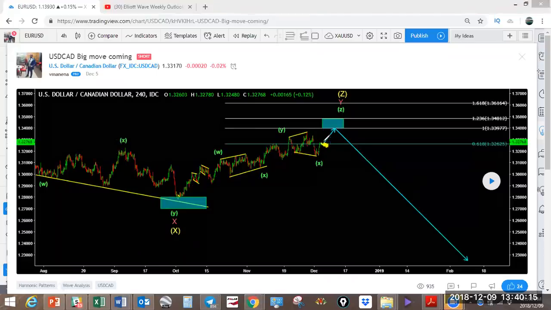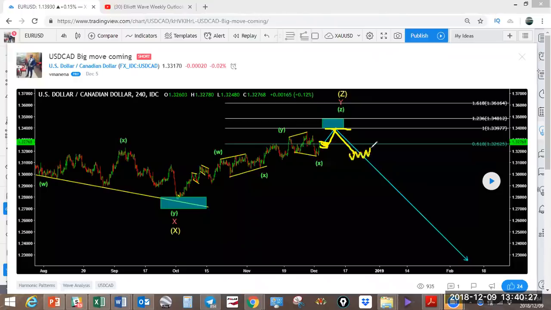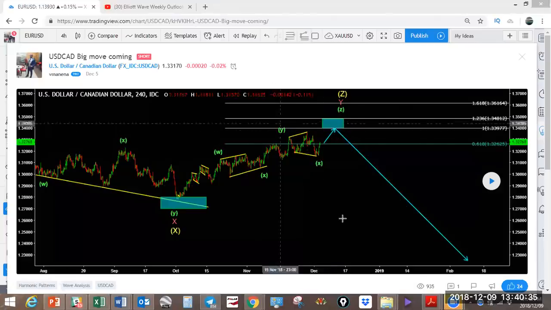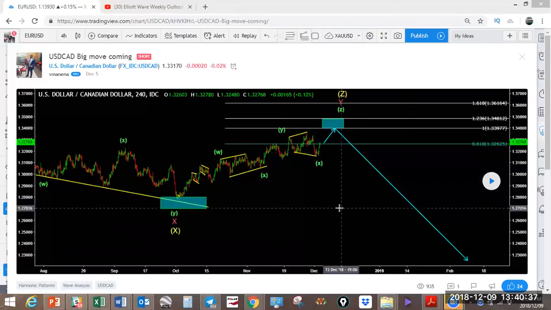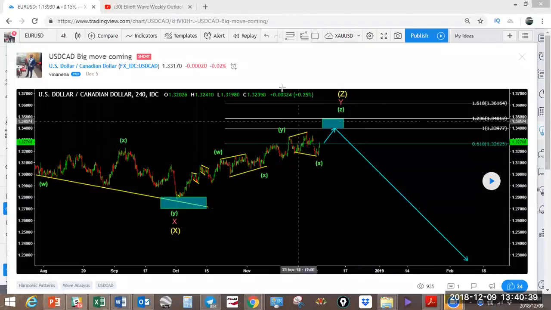It is currently available on TradingView. From here we're definitely going to get into the blue box and drop. We have gone into the blue box. We have dropped. It is not confirmed whether we're going to go all the way down as yet, but the cycle and the structure that we're looking at, and also all the indicators, all the boxes have been ticked for this trade to actually play out.